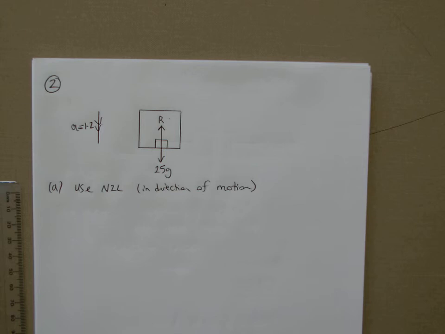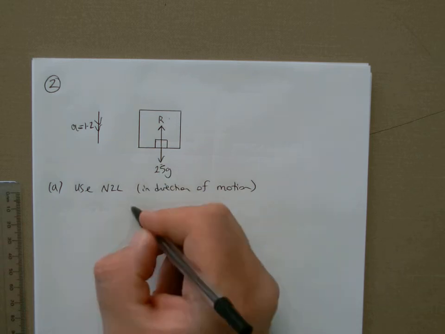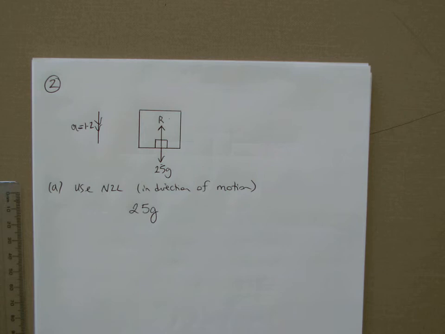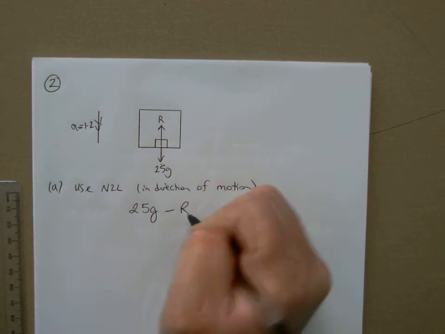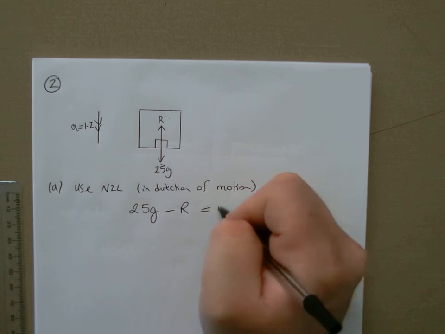It doesn't matter. You always look at the direction it's going in. So we've got the weight, which is 25g. The lift's going down, so that's the leading force. Take away the reaction equals the mass times acceleration.